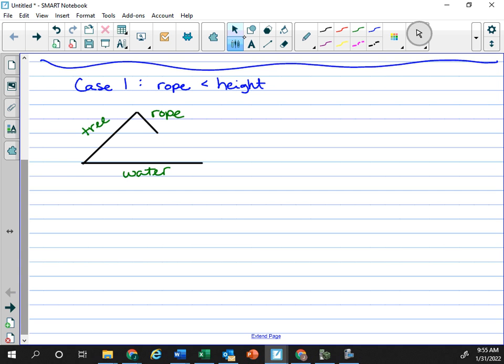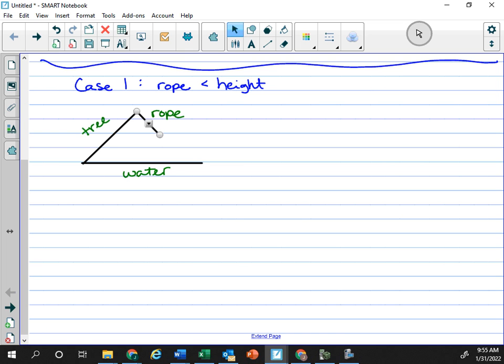All right, this rope up here, it can move around. It can swing. It's a side of your triangle that can actually move. That's why I made it a rope, so the rope is actually going to swing back and forth. Even if I swing this rope all around, keep it the same length, is it ever going to touch the water side of the triangle?